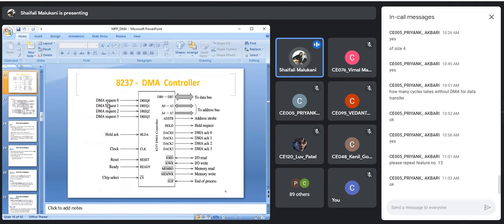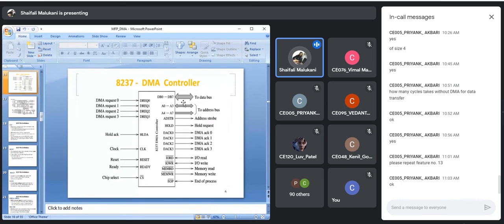Suppose my DMA is used by machine 1, then it will have lowest priority, and this will have highest priority. Then this will have second highest priority, this is third highest, and this is the lowest priority. Then suppose this sends, then this will have lowest priority, this is highest, second highest, third highest. So that is how you can give rotating priority. How to set it is the next thing we have to see.